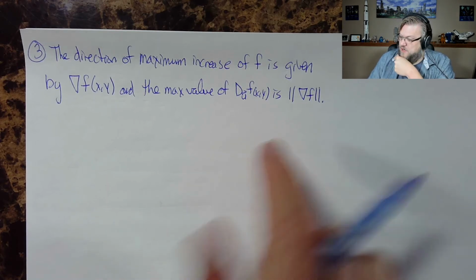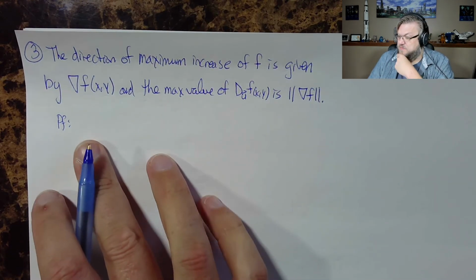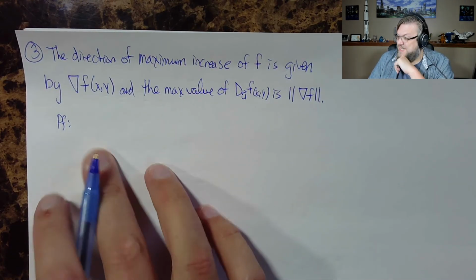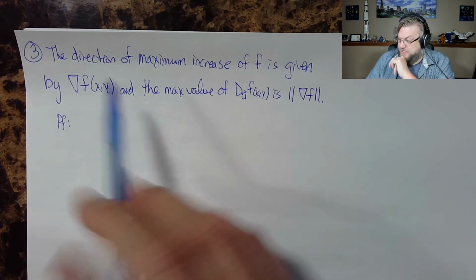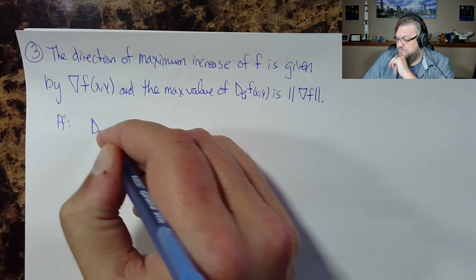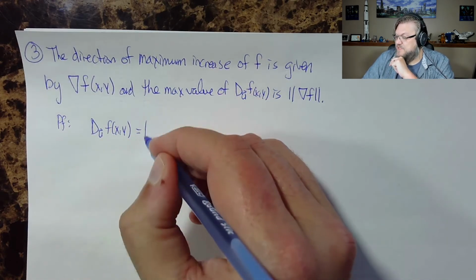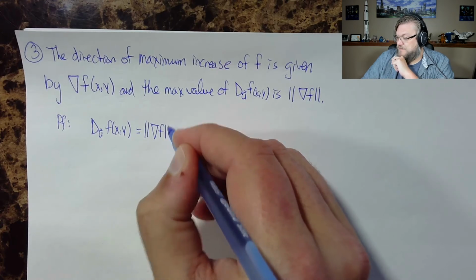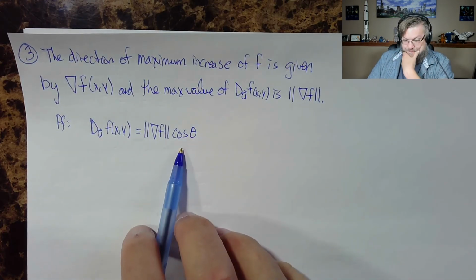So let's go ahead and go through this a little bit. So do my proof again. I sort of walked you through the proof in words, but now let's actually write it down this time. All right? So we know from property 2 that the directional derivative is actually equal to the magnitude of the gradient times cosine of the angle between them, right?